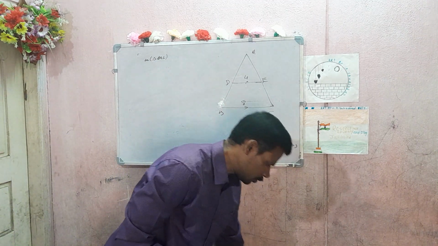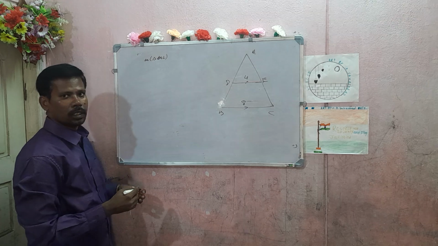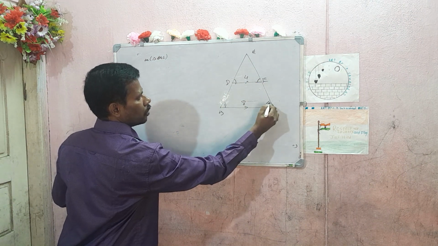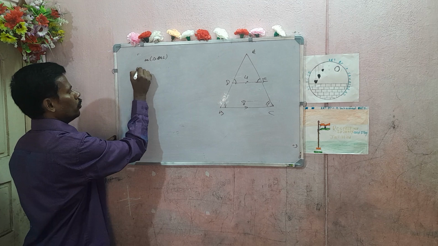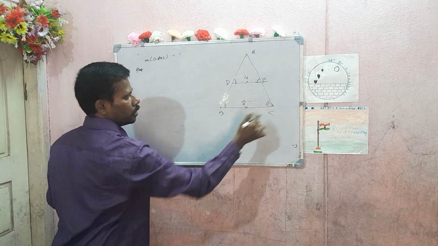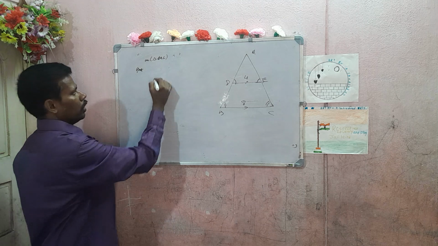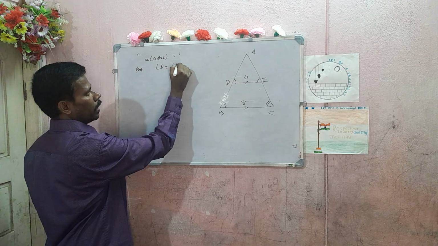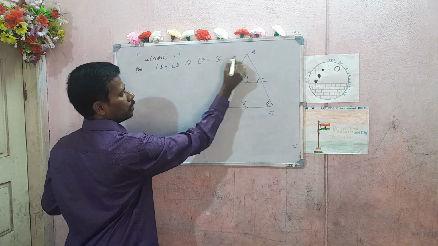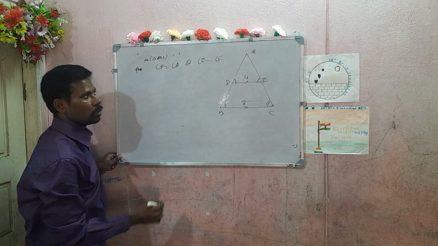So how to do this one? Here already given parallel, that means proof. Area of triangle ABC is asked. Angle D is equal to angle B and angle E is equal to angle C. Why?